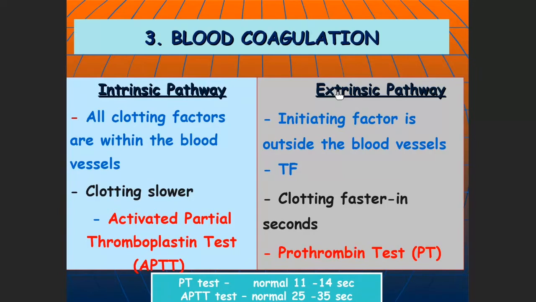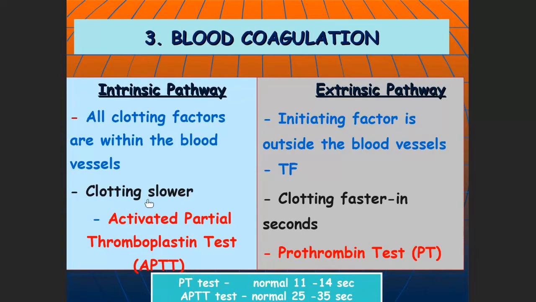In the lab, we test for the extrinsic pathway by the prothrombin test, the PT. The PT is a laboratory test by which we test for the extrinsic pathway. And for the intrinsic pathway, we use the activated partial thromboplastin test, APTT.